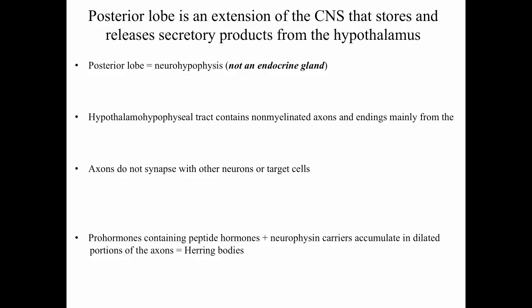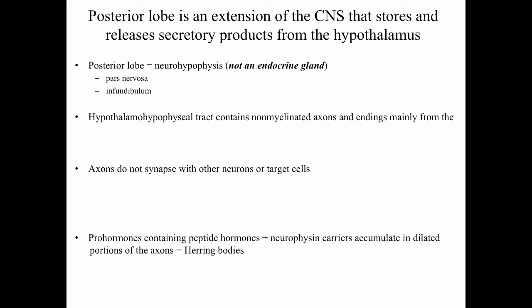The posterior lobe is an extension of the central nervous system, and it stores and releases secretory products from cell bodies that are in the hypothalamus. The posterior lobe, also called the neurohypophysis, is not an endocrine gland in that respect. We talk about the pars nervosa and the infundibulum as part of the posterior lobe.